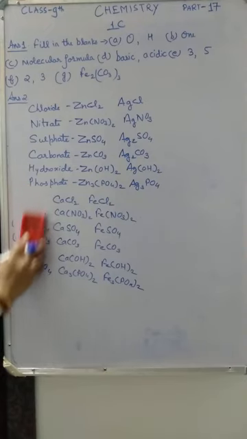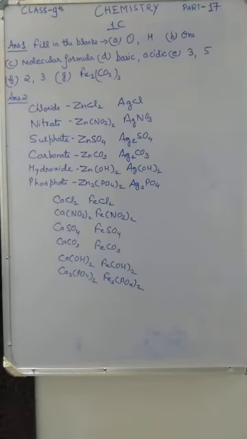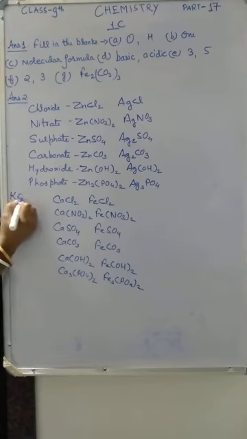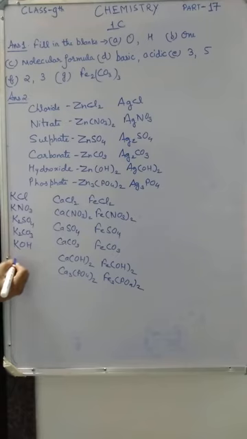Potassium, I am writing here. Just note it down very carefully. Inside the chapter also, all these formulas are given. If you have any doubt, you can check it. For potassium, chloride, KCl, nitrate, KNO3, sulfate, K2SO4, carbonate, K2CO3, hydroxide, KOH, and for phosphate, K3PO4.